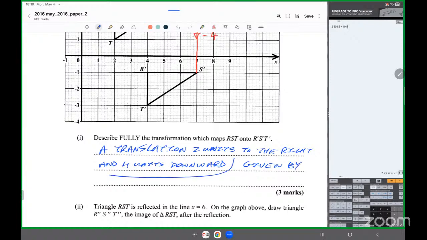If you stop here, they give you marks, you know. We're going to say given by the matrix 2, -4, 2, -4. So that's a matrix for me, translation matrix, 2, -4. Very good? All right. Next question.